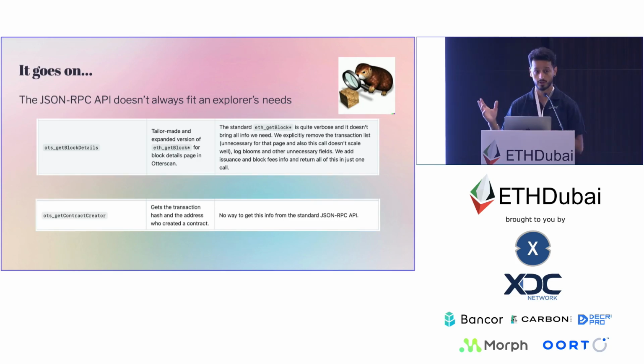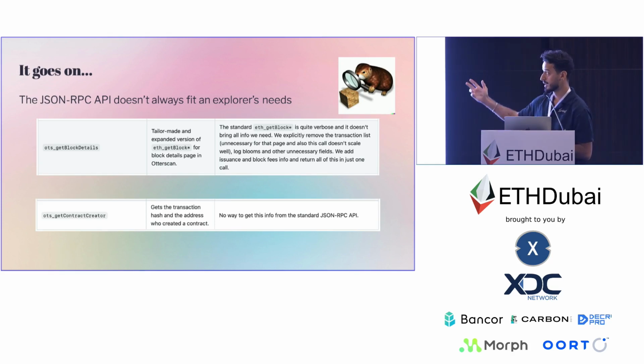Now, Etherscan is one of the open source block explorers that I mentioned. It's built on Erigon. And the creator of it realized that they had to add a bunch of new API methods to get the performance that they want and also the data that they want.